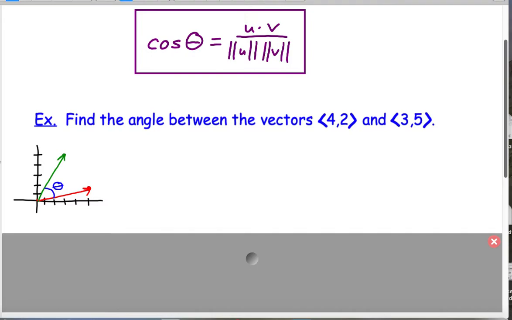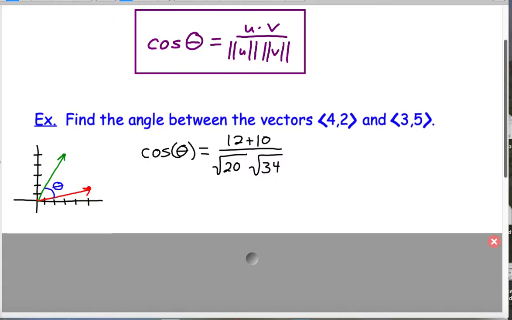So according to this, the cosine of theta should equal the dot product. Well, the dot product will be 4 times 3 is 12, plus 2 times 5 is 10. So I'm going to get 22. And in the denominator, the magnitude of the first vector will be the square root of 20, 4 squared plus 2 squared, and then multiplied by the magnitude of the second vector, which will be the square root of 34, 3 squared, 9, plus 5 squared, 25.